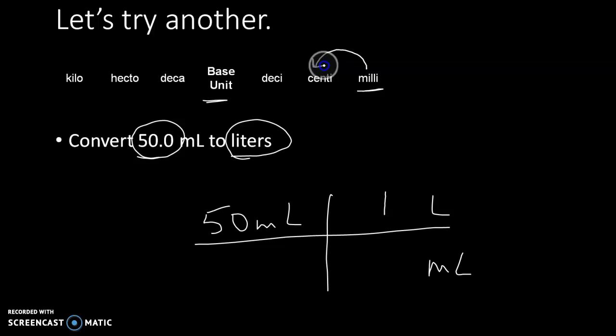There are 10 milliliters in a centiliter, there are 10 centiliters in a deciliter, and there are 10 deciliters in a liter. Another way to count it is there are 10, 100, 1,000 milliliters in a liter. So 1,000 milliliters in 1 liter.